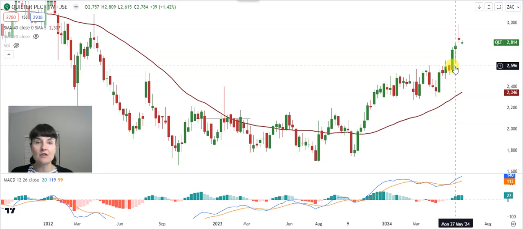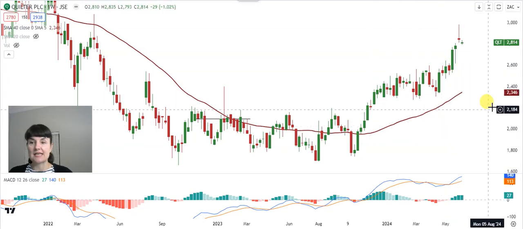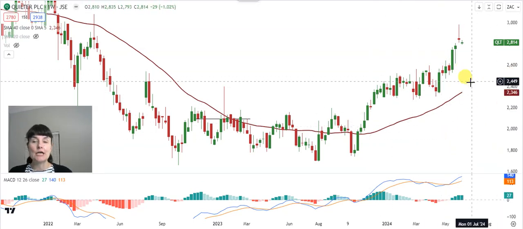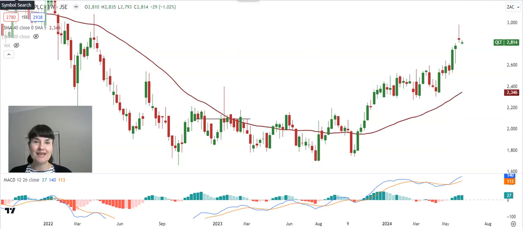But this is a strong candle in the week of the 27th of May, and below that low, which is waiting at 26 Rand 15, we can see more downside, and that is a strong support level at the moment. And then that 40-week, as I said, 23.46, is a strong level of support that has kept the momentum to the top in place, and that has confirmed that the long-term sentiment towards this share is positive.